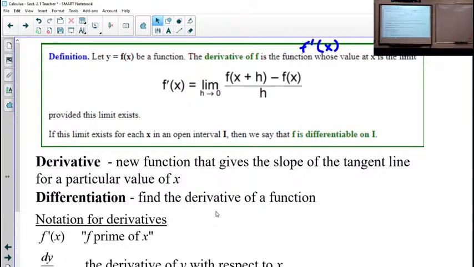And so a couple different terms related to the derivative that I'm going to talk some more about today. First of all, the derivative is the function. That function gives me the slope at any point. Differentiation is the process of finding that derivative.